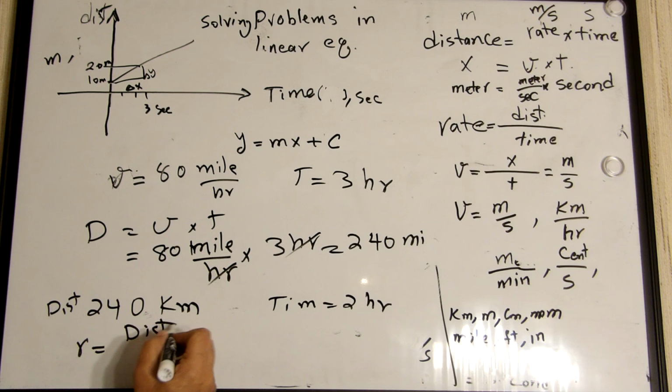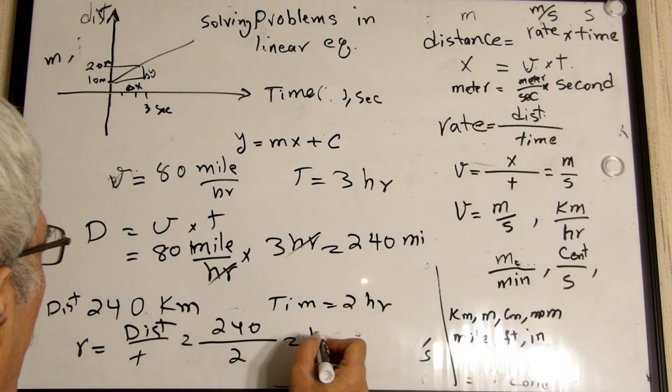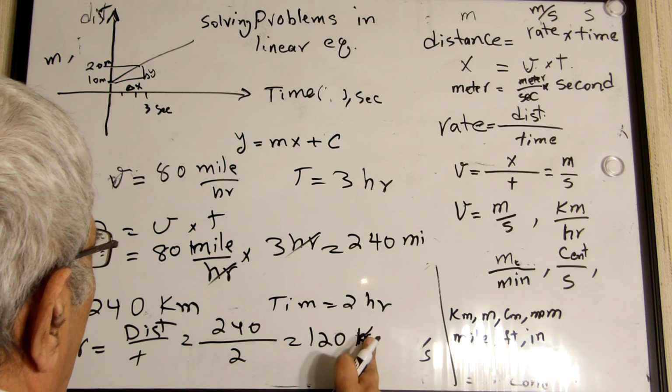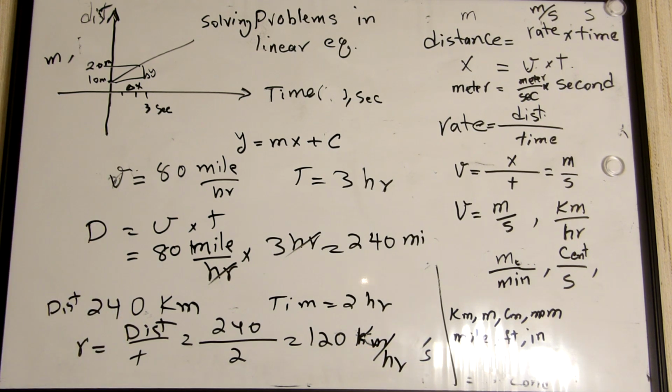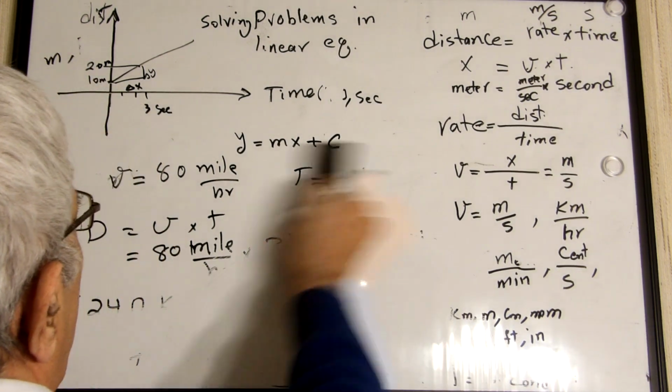Velocity is distance divided by time, t, and 240 divided by 2 is 120. What's the unit going to be? Kilometer per hour.